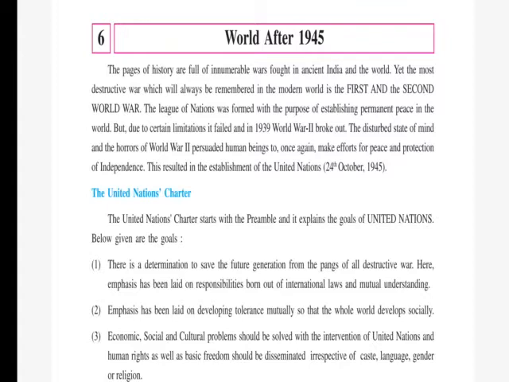The then Deputy Prime Minister and Home Minister Sardar Vallabhbhai Patel merged about 562 small and big princely states of India into the Indian Union. Sardar Vallabhbhai Patel's strong determination, iron will and diplomatic negotiations solved the problem.